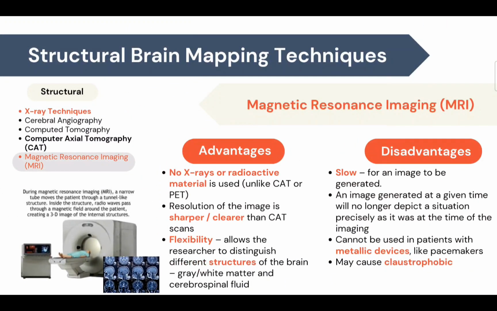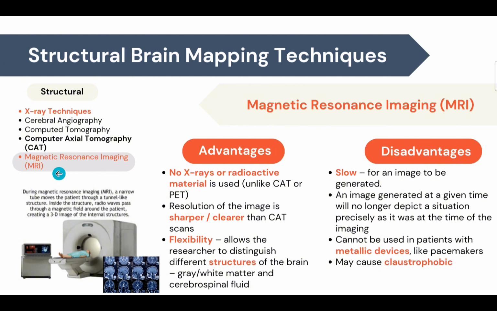So the advantage of using MRI is there is no X-ray or radioactive material used. As you can see here, the X-ray techniques only cover cerebral angiography, computed tomography, computer axial tomography, CT and CAT. But magnetic resonance imaging itself uses a magnet.